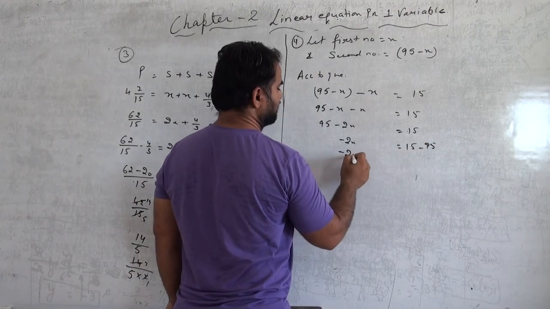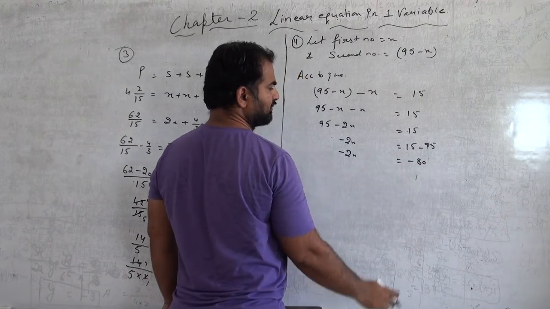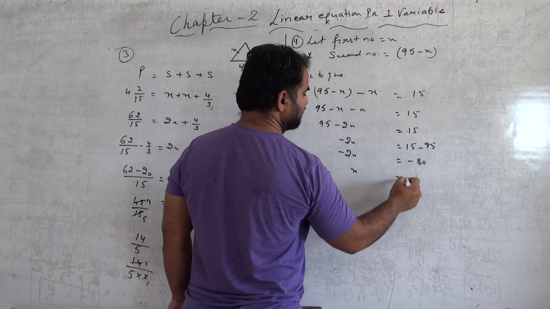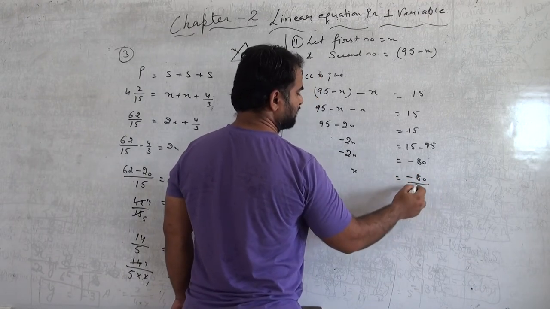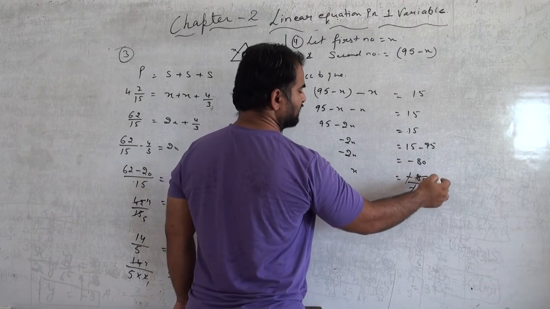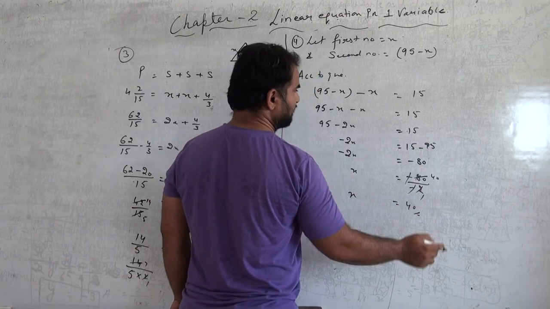So minus 2x equals minus 80, because 15 minus 95 is minus 80. So x will be minus 80 upon minus 2. Minus and minus cancel. 2 forties are 80. x will be 40.